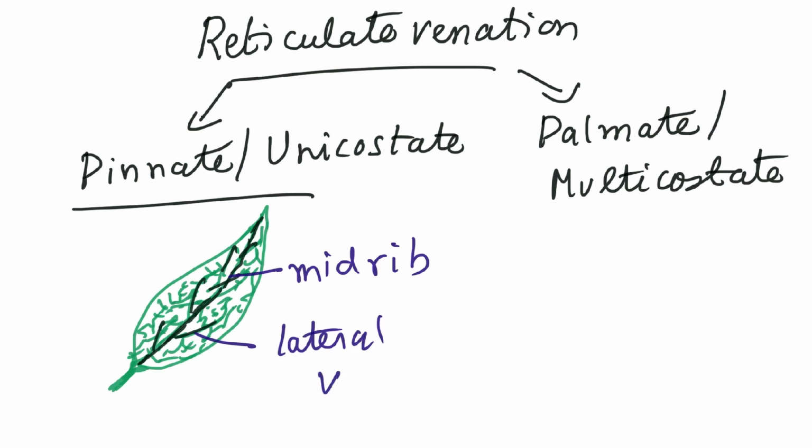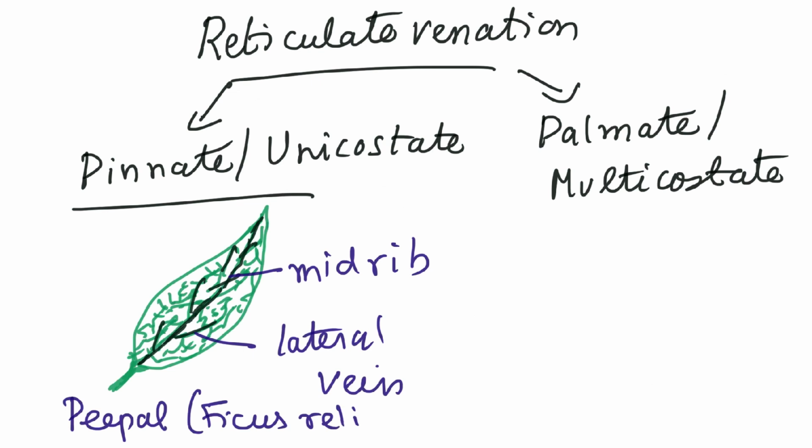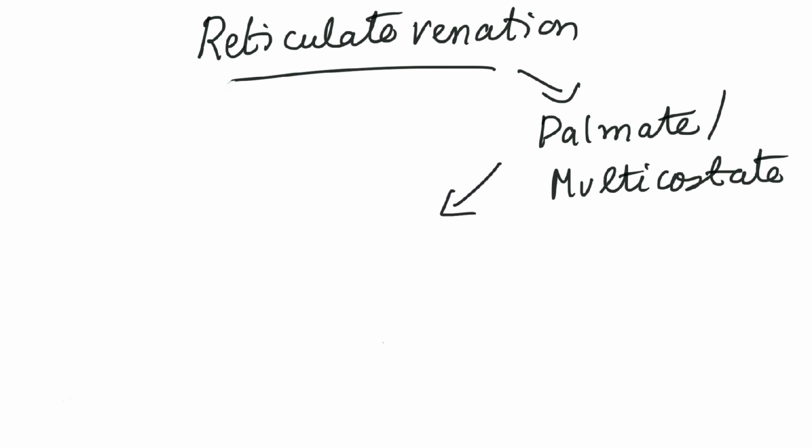So once again, note the point: a broad leaf, a typical leaf, we have the midrib, and we have the lateral veins which branch into a kind of network pattern throughout the lamina of the leaf. So that's a key point about pinnate or unicostate venation, which comes under reticulate venation.